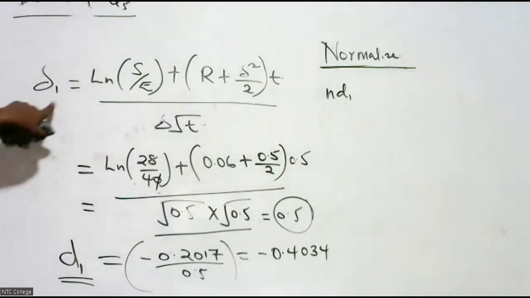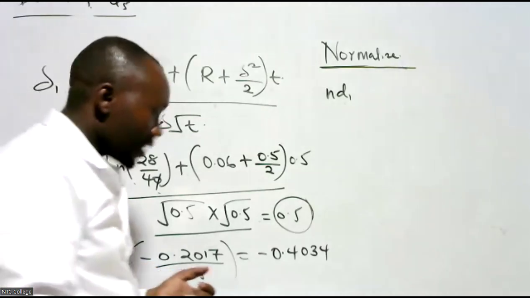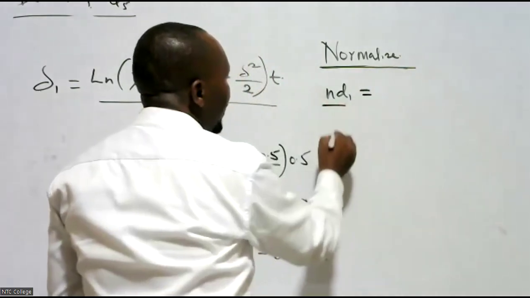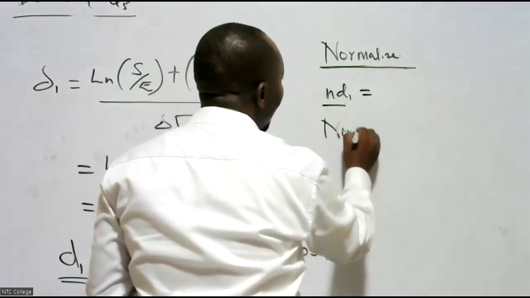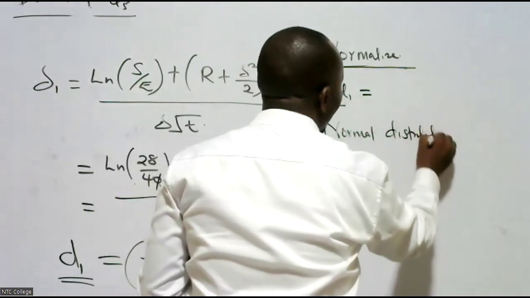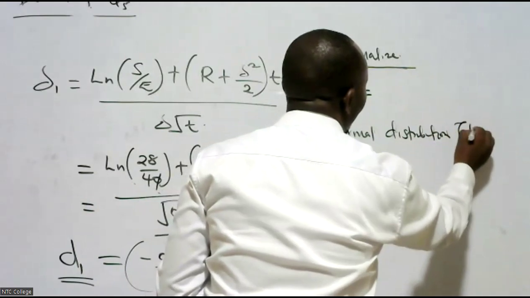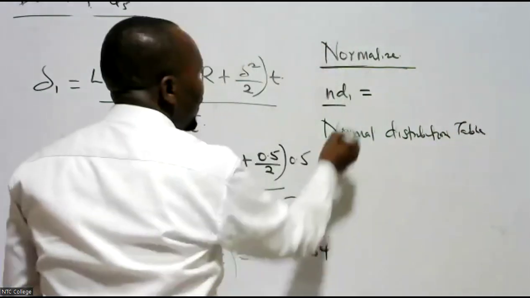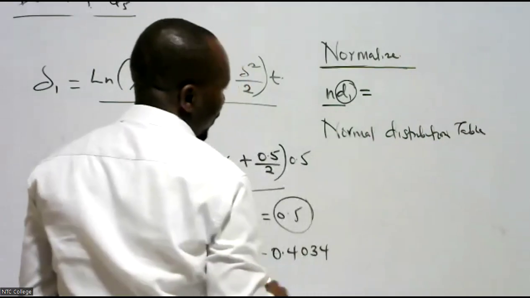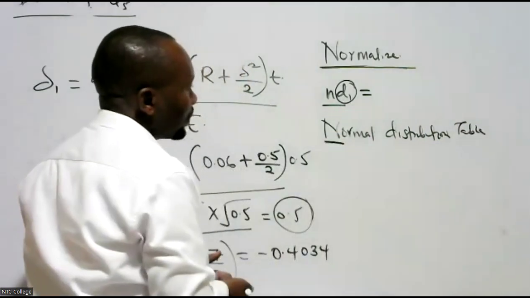So what we've gotten here is D1, not ND1. When you want to make it ND1, you normalize. Meaning N here means that you are getting it from the normal distribution table. So the D1, you need to get it from the normal distribution table. That is where the N comes from.